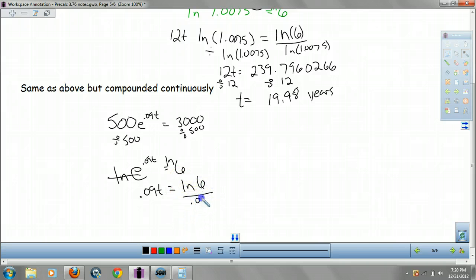Divide both sides by 0.09 and t equals natural log of 6 divided by 0.09, and we get approximately 19.9 years. So pretty close, right? In fact, you're only going to be saving a few days if you invest continuously as opposed to monthly. I actually really like these type problems, but you guys all think I'm insane already, so whoa.